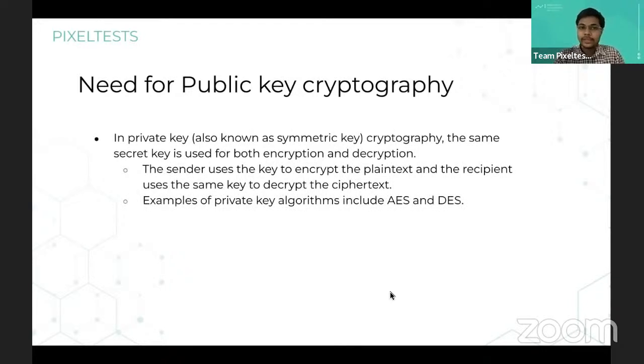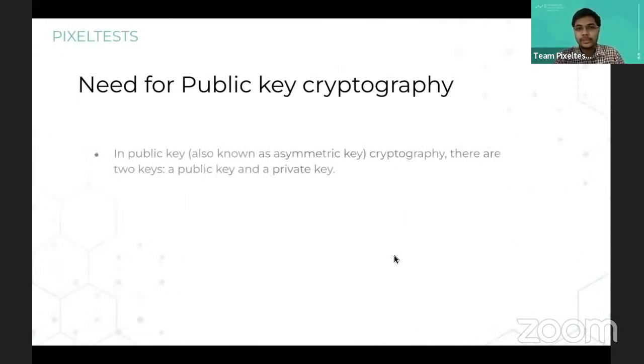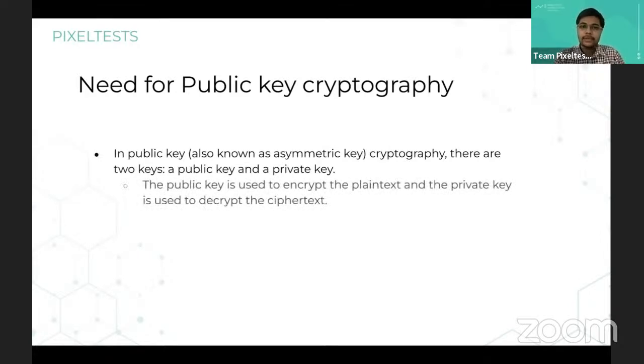The private key is used in regular cryptography, but if you want to encrypt something complex, you go for public key cryptography. It encrypts a plain text, and a key which is only available to that person is used. When you use the key, cipher text gets generated.